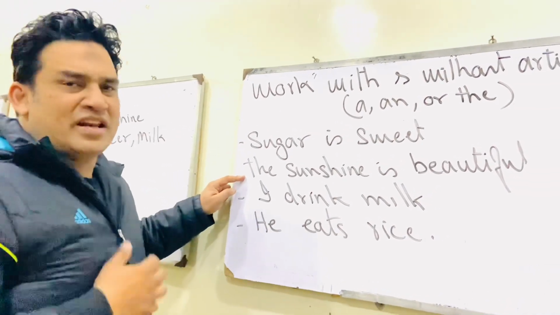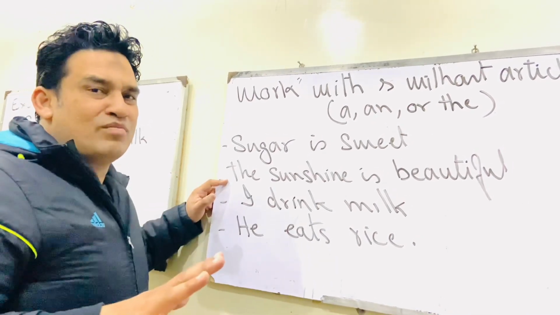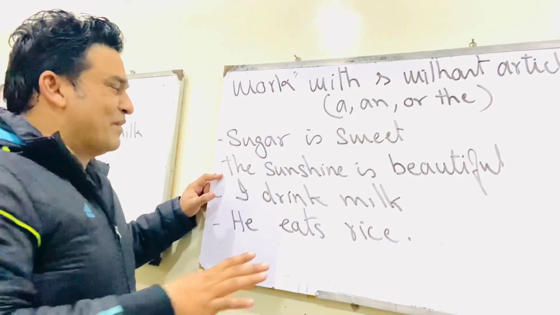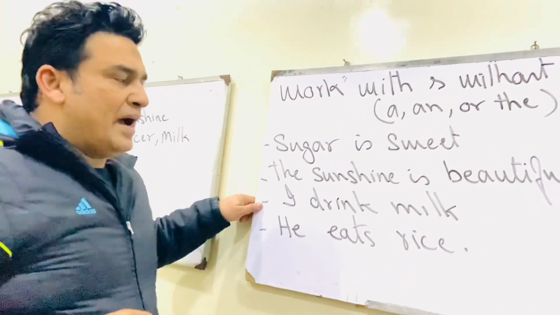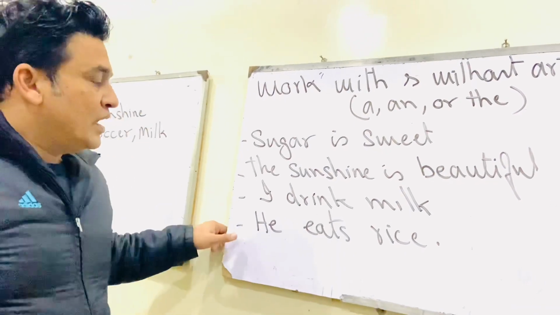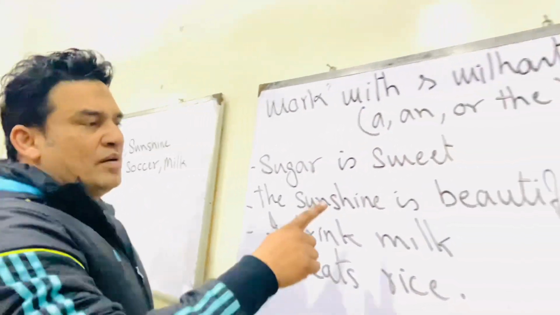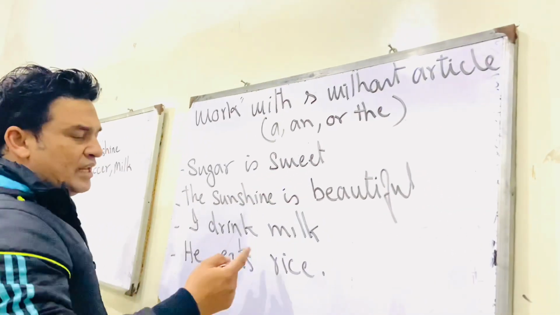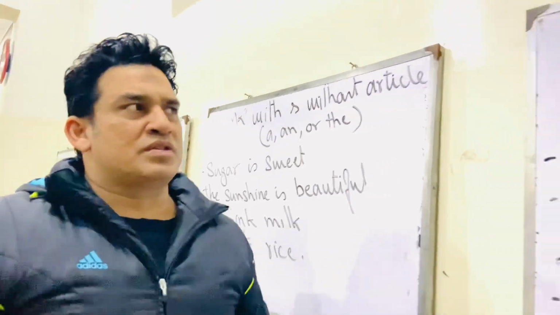The sunshine is beautiful. Like, you are very beautiful. Just imagine looking in the mirror in the morning, you will feel okay, no problem. The sunshine is beautiful. I drink milk.